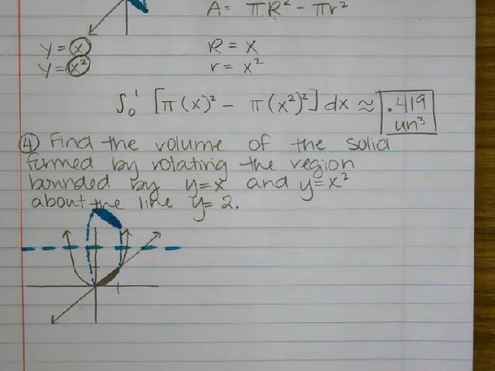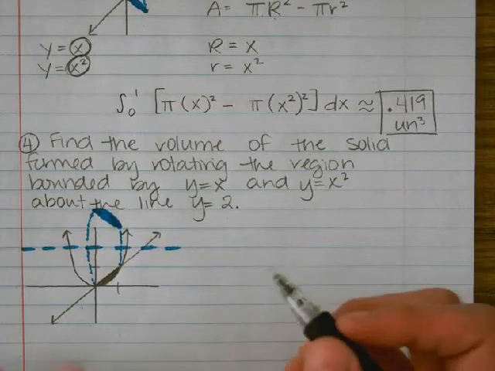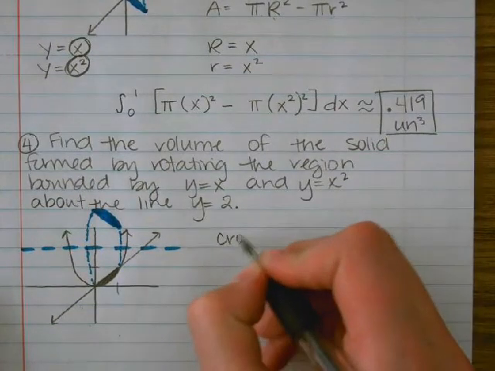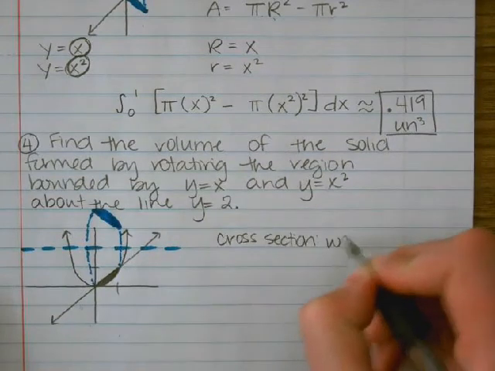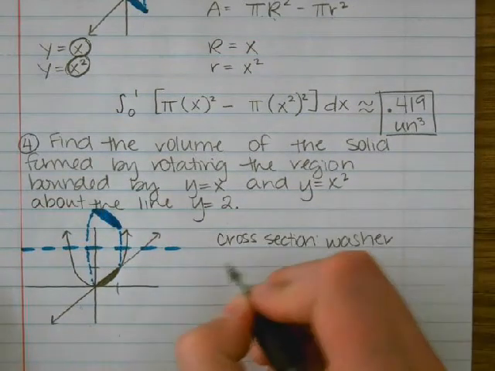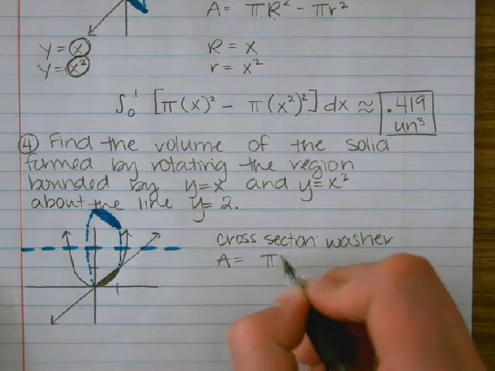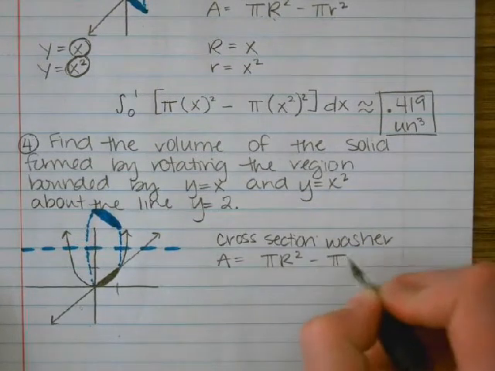So if we look here, again, we're talking about a washer, so I'm going to say the cross section is a washer, and so that means that we are going to be doing pi r squared minus pi r squared.